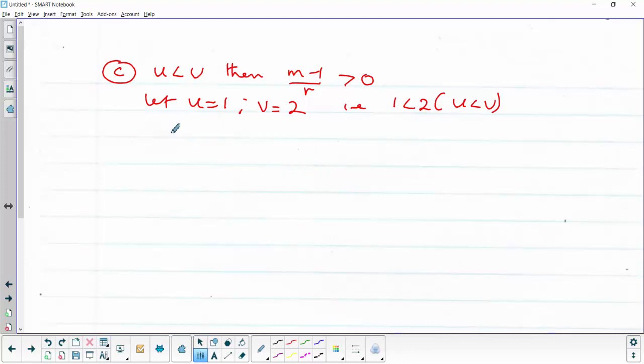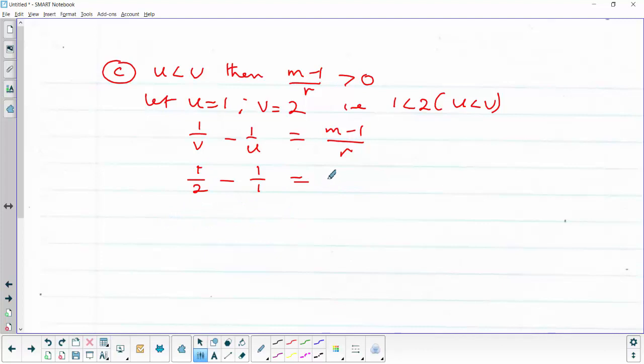Now let us solve the equation. Remember, we have the equation 1 over v minus 1 over u, which must be equal to m minus 1 over r. So let us try it now. Our v is 2. We are going to have 1 over 2 minus 1 over 1. We don't know what it is going to be equal to. Let us evaluate it.